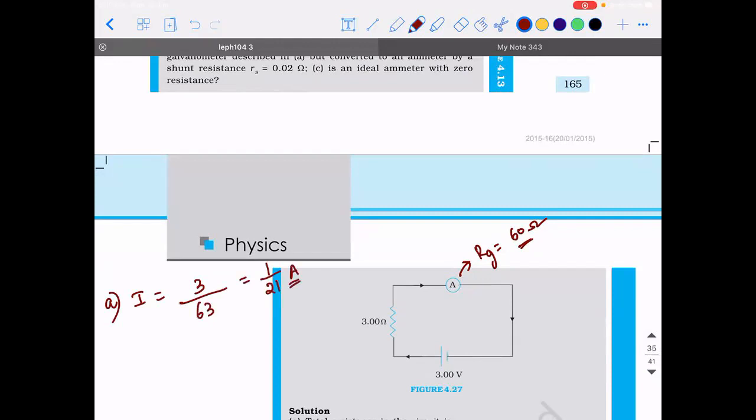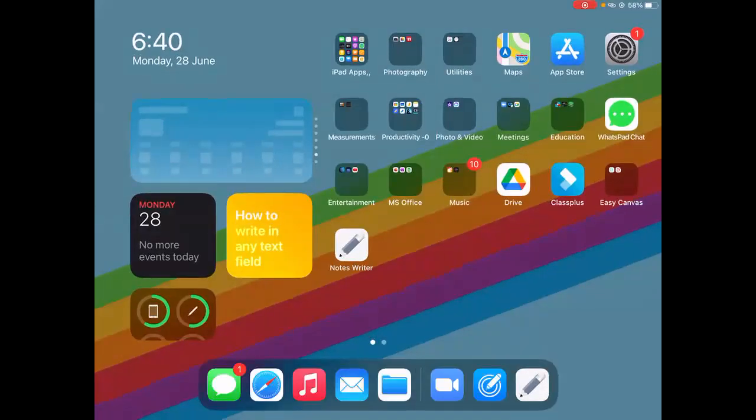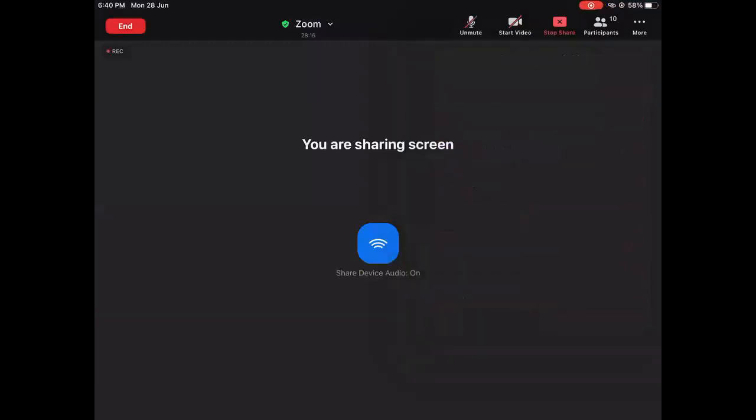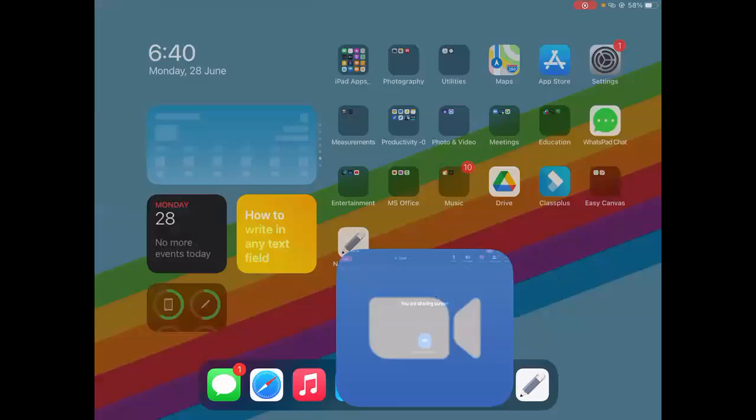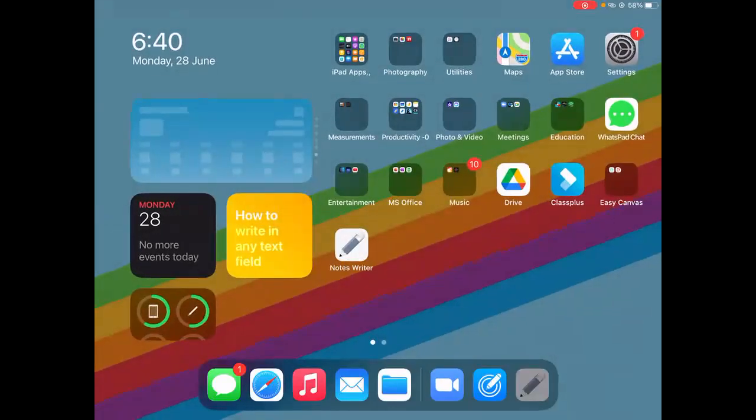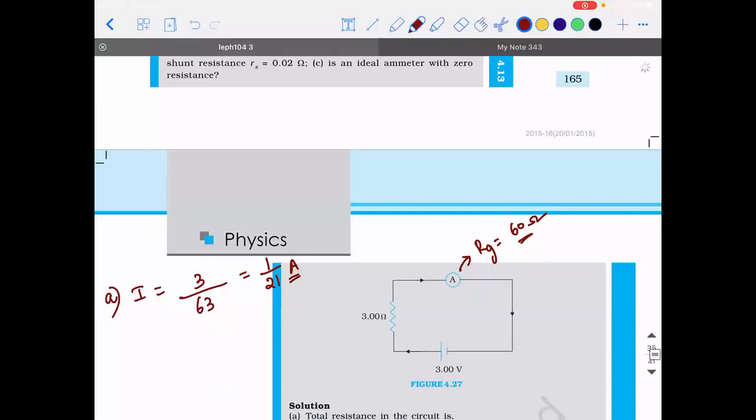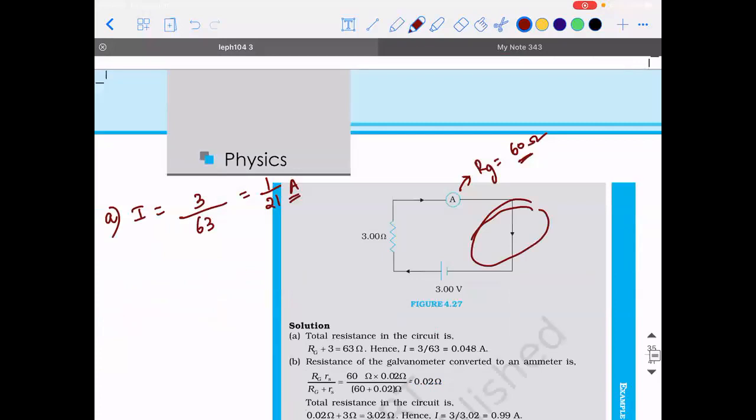So 1 by 21 ampere will be the amount of current that this ammeter is going to measure. I hope it is clear, right?